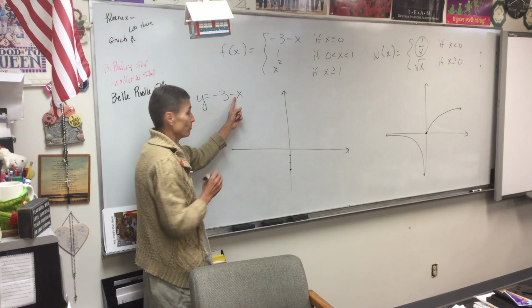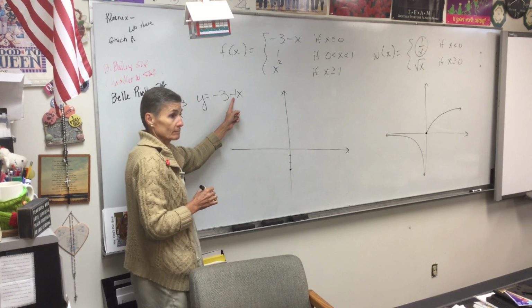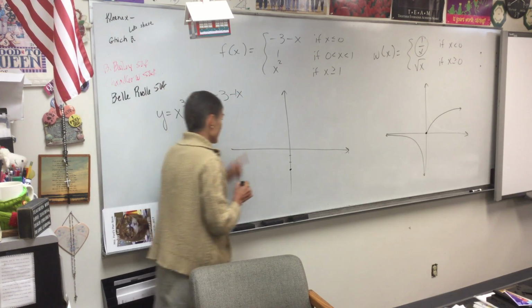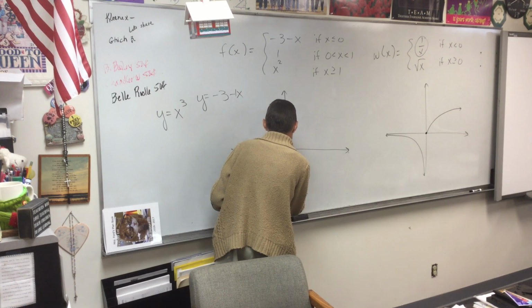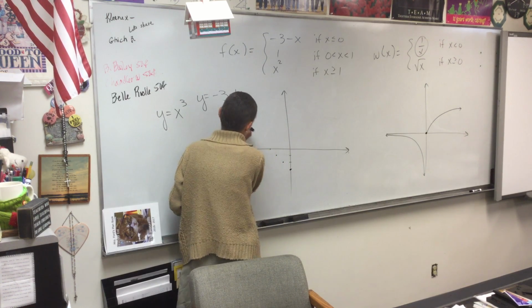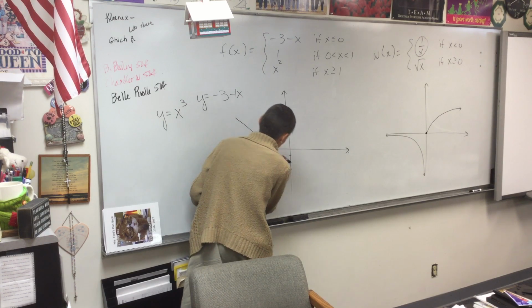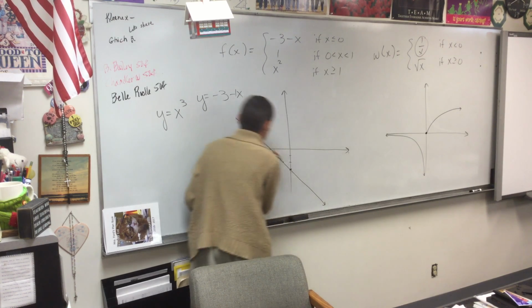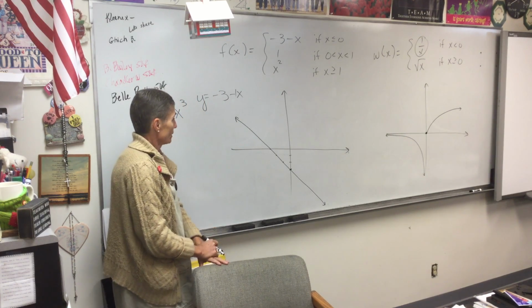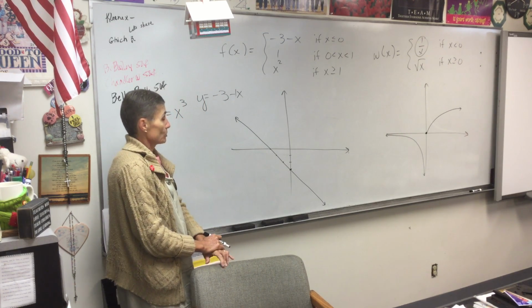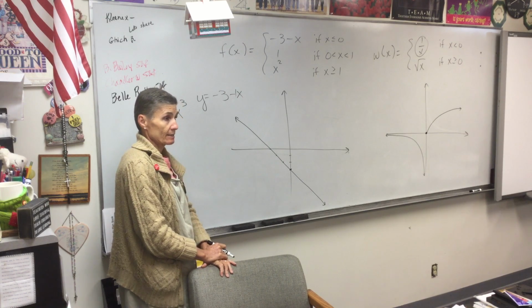And what's this negative 1 right here? Slope. So that means I'm going to go up 1, left 1. Not really good at drawing lines, but there we go. There's the whole line. The line y equals negative 3 minus x.